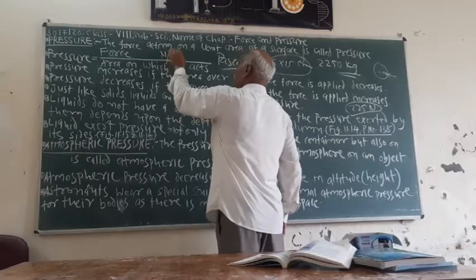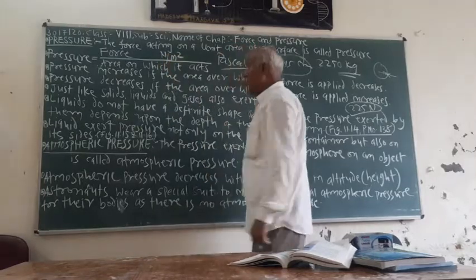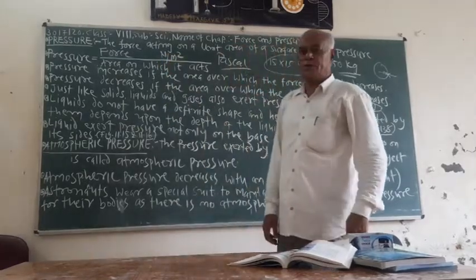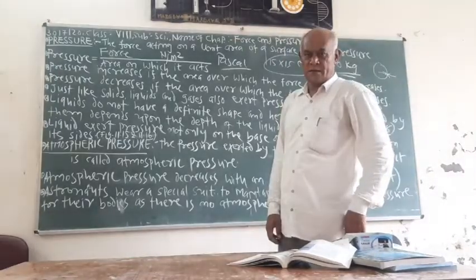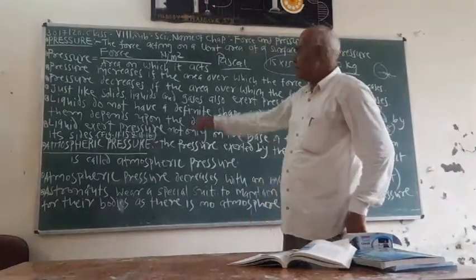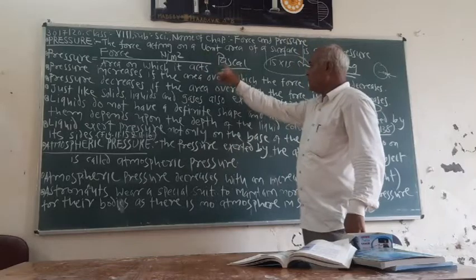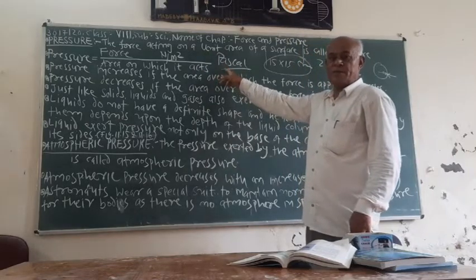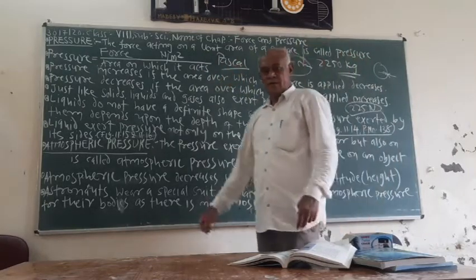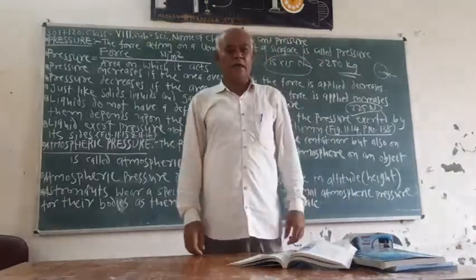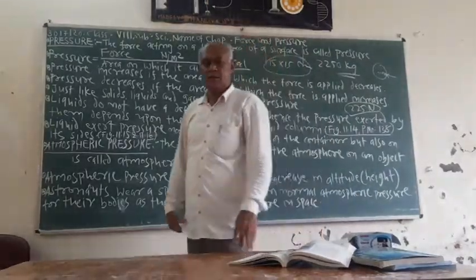So the unit of pressure is Newton per meter square. 1 Newton per meter square means 1 Pascal. So Pascal is a unit of pressure. Thank you.